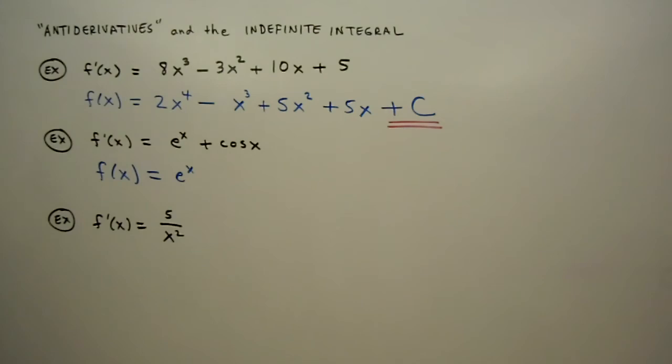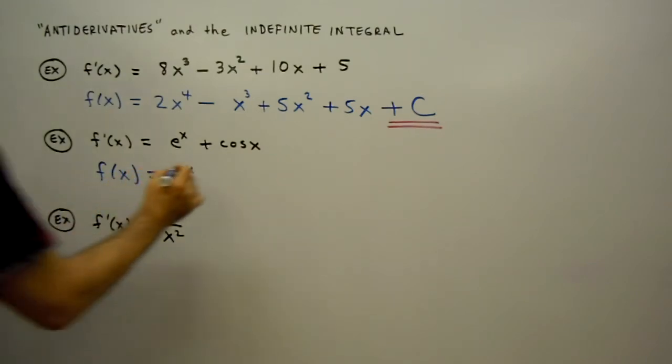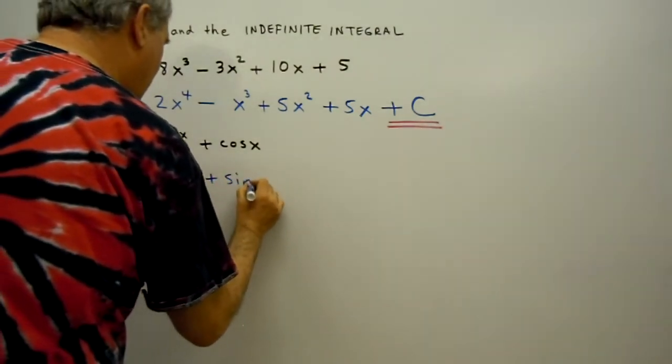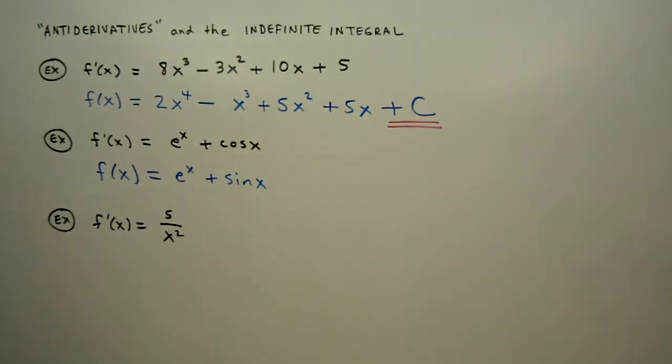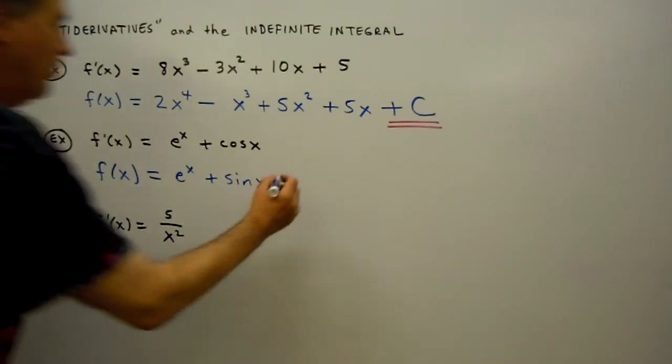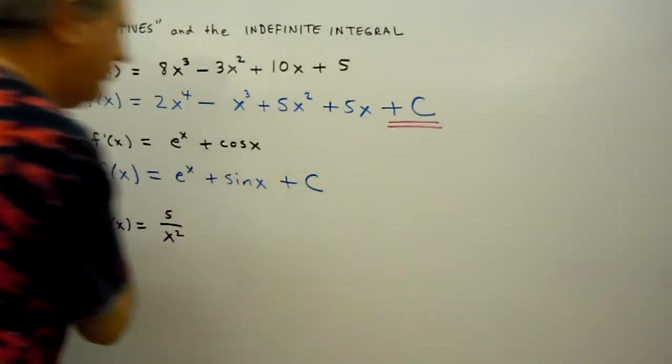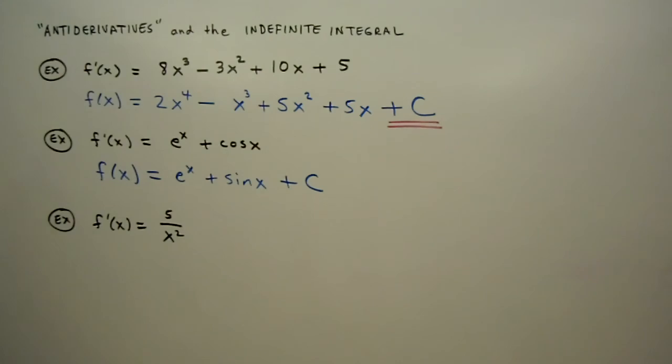And then think to yourself, what is the function that has cosine for its derivative? Well, sine has cosine for its derivative, sine of x. And then this, like any other function, could have had a possible constant whose derivative would have been 0. So again, we want to indicate plus c.